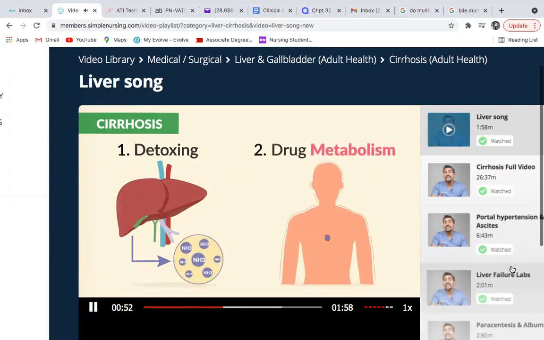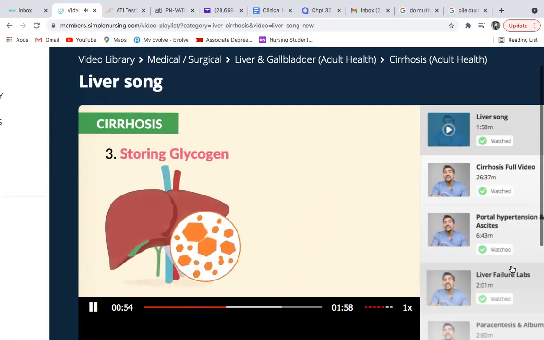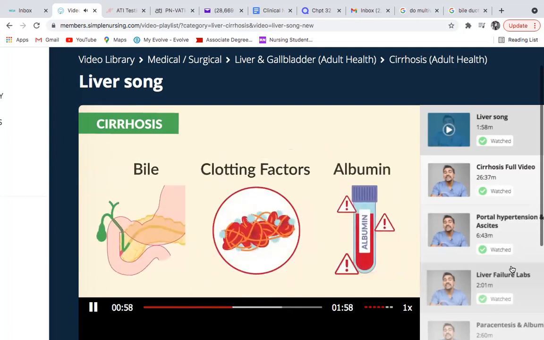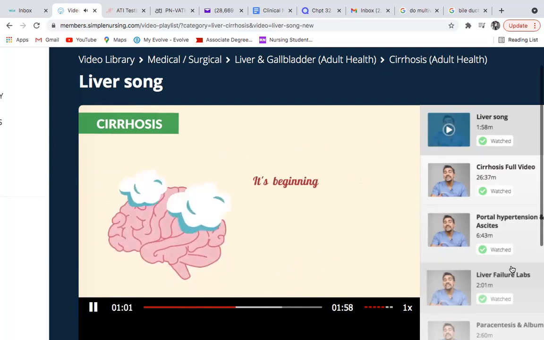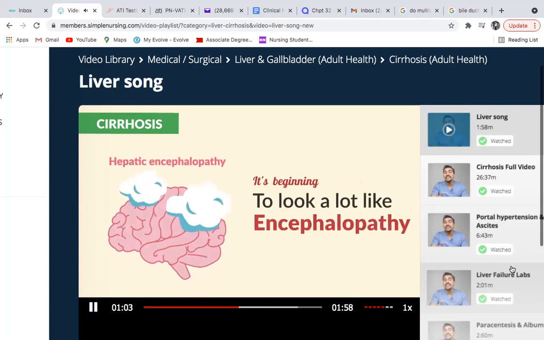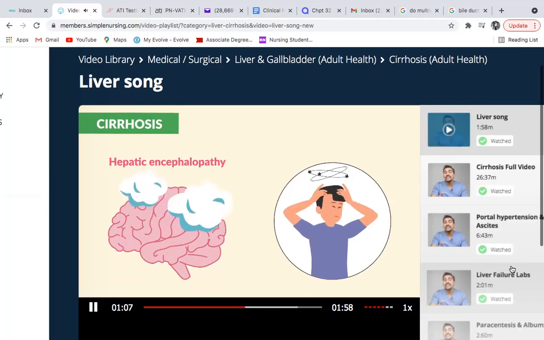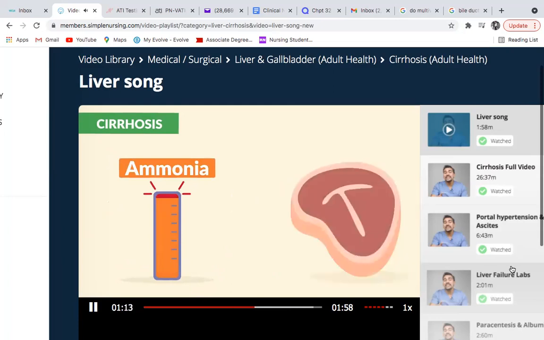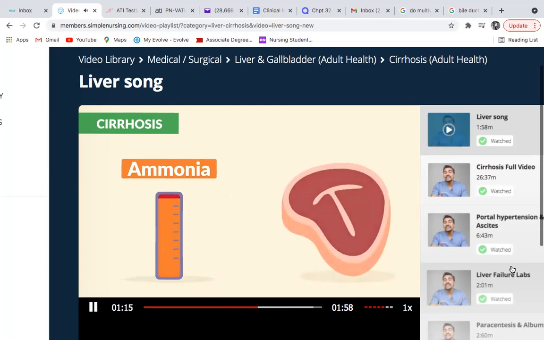Detoxing ammonia and drug metabolism, storing glycogen, producing bile, coagulopathies and albumin. It's beginning to look a lot like encephalopathy with altered LOC. Too much ammonia in the blood, byproduct of protein metabolism.